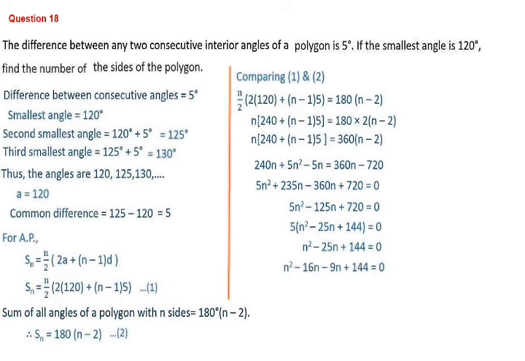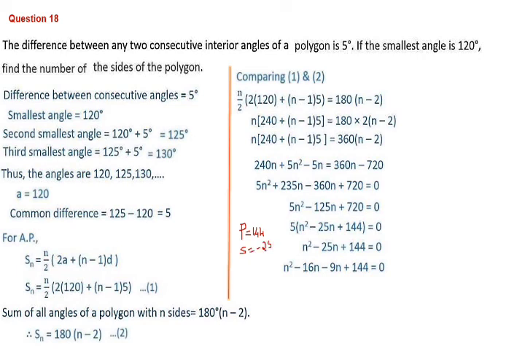You have to factorize this one. Here the product is 1 into 144, that is 144, and the sum is minus 25. By the splitting the middle term method, the product is 144 and the sum is minus 25.